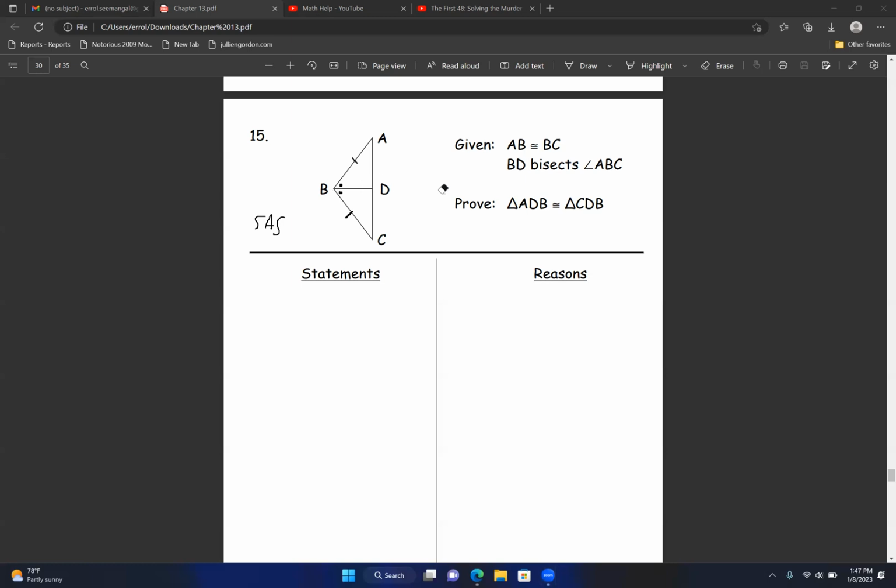What's number one? AB equals BC. And what's the reason? Given. Okay, write that down. AB equals BC given. That's the first S.